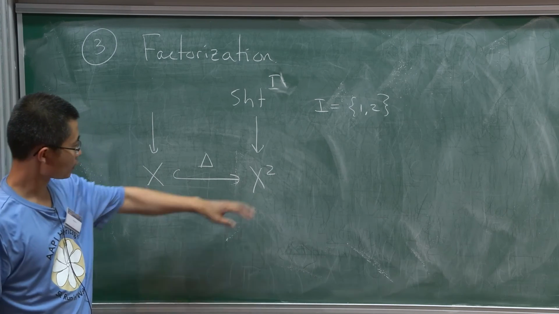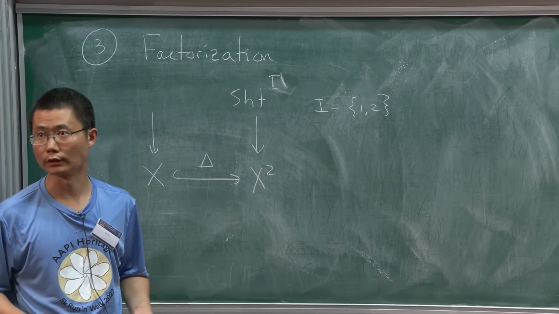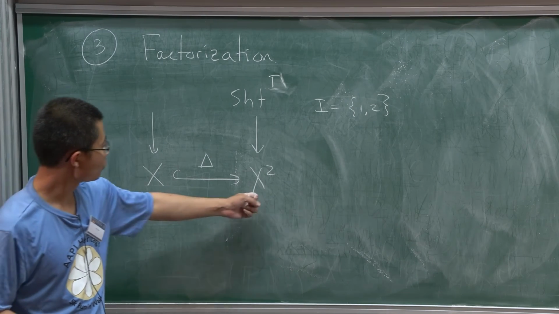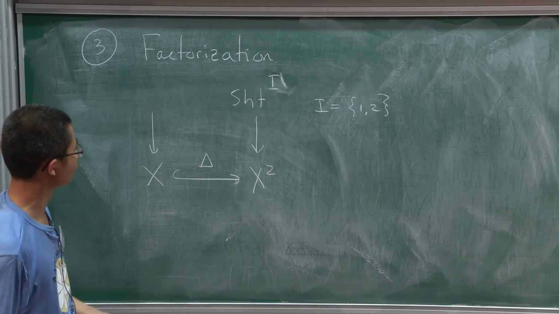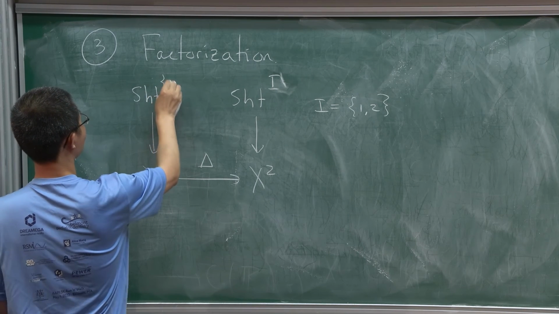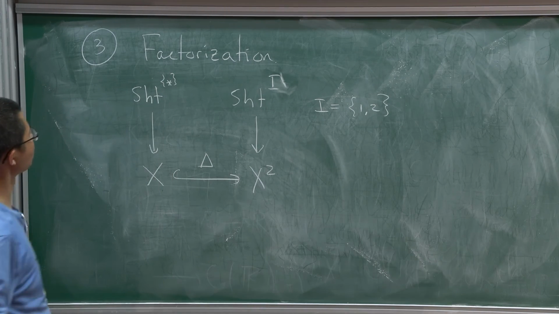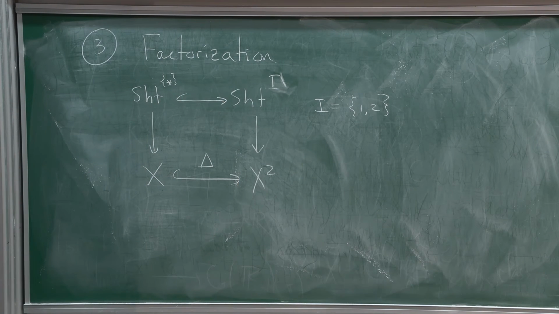So this just means I'm doing a one-step modification at 2 points. What if those 2 points coincide? Well, I'm just doing a one-step modification at 1 point, and that is the one-leg Shtuka. Okay, so that's a Cartesian diagram before you put any bound.